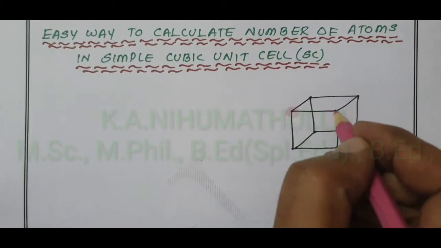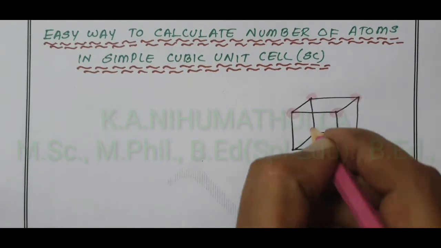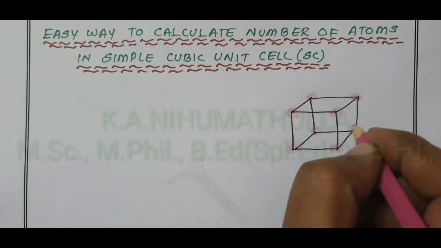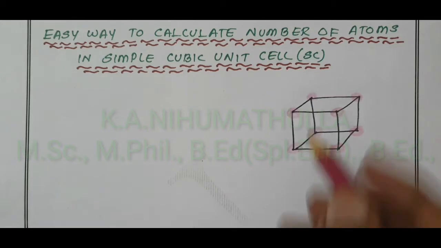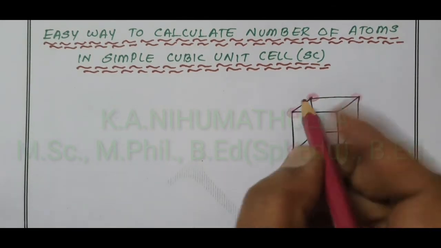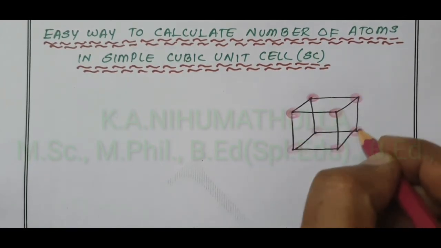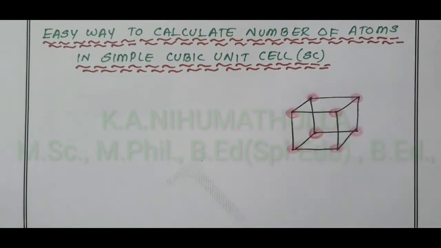When we draw the atoms only at the corners, each corner atom does not seem to contact the neighboring atom, but in the correct structure, each corner atom touches the others in a three-dimensional manner. This is an example of simple cubic.